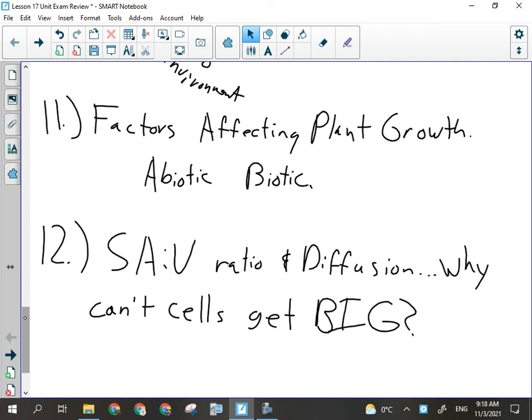I briefly mentioned this before, but I want in particular to say it again. Understand how surface area to volume ratios affect diffusion, why cells can't get big.